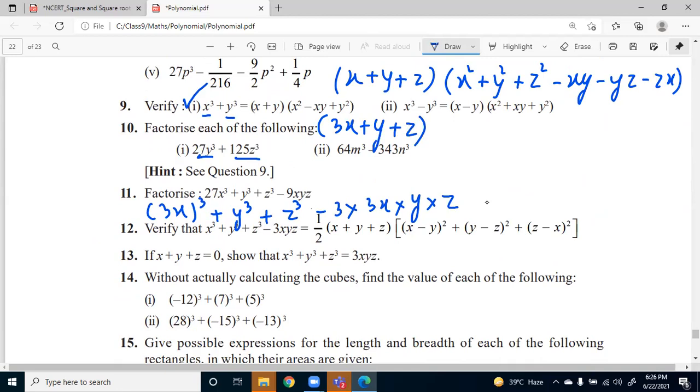So I will be writing as it is. Now will come x square. So 3x square, that is 9x square, y is y, so I will be writing y square, z is z, so z square. Now comes minus xy. So 3x into y, that is minus 3xy. Now comes minus yz, so that is same. Now comes minus zx, so that is minus 3xz.